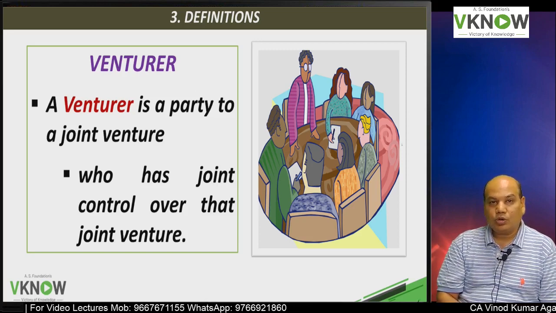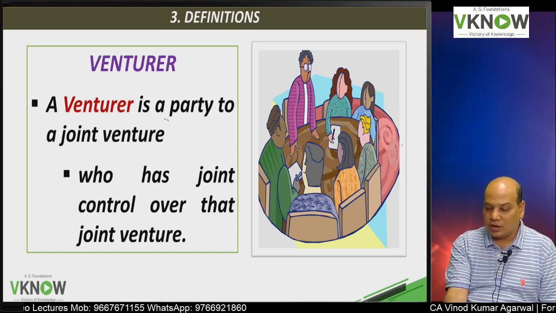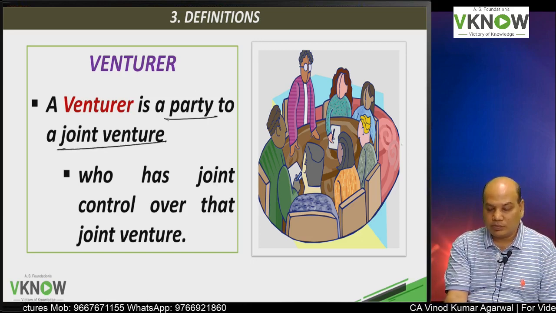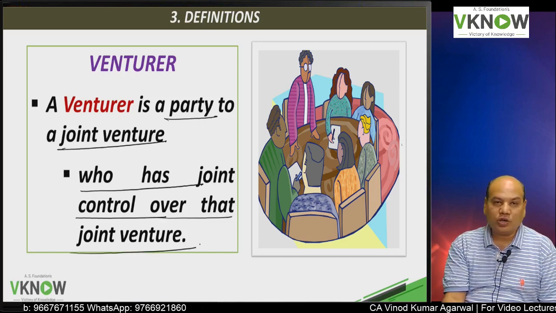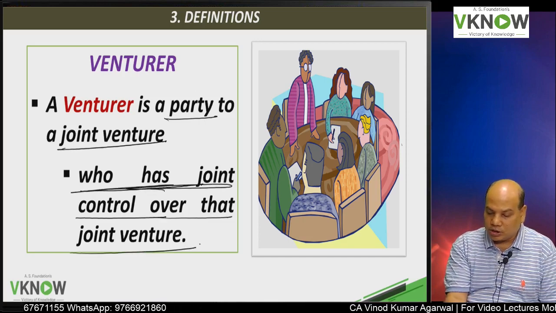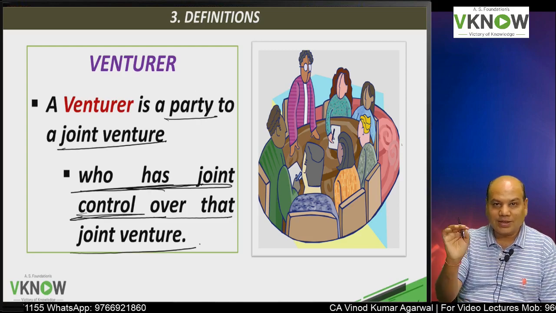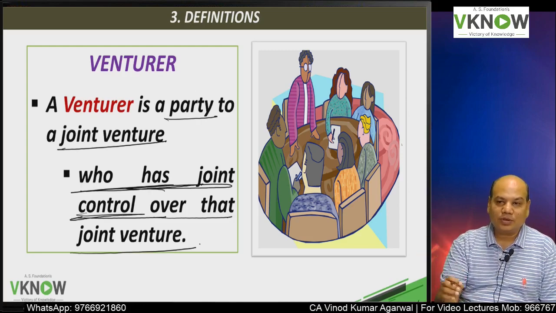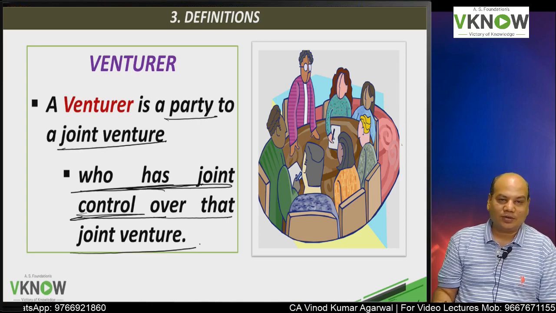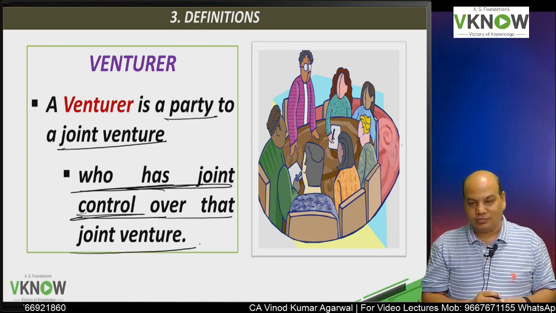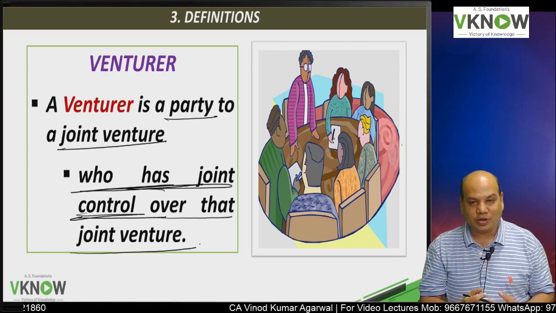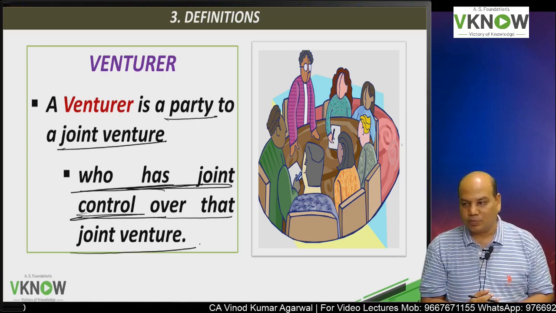Next is, who is a venturer? A venturer is a party to a joint venture who has joint control over that joint venture. Underline, who has joint control. That means his consent is also required. He must also approve the decision. He is a party to decision making. Decisions cannot be taken without his approval.